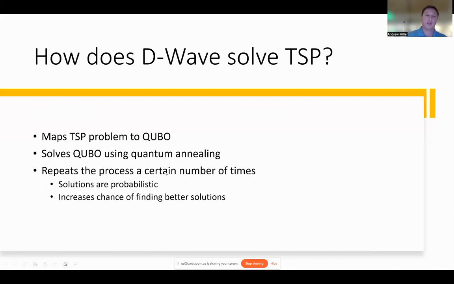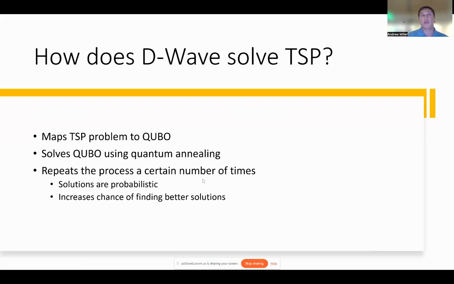The way they achieve this is they map the TSP problem to QUBO, which stands for, I'll explain on the next slide, quadratic unconstrained binary optimization. Then DWave encodes the QUBO problem onto the actual hardware, those superconducting wires and couplers. And then the process is repeated a number of times.